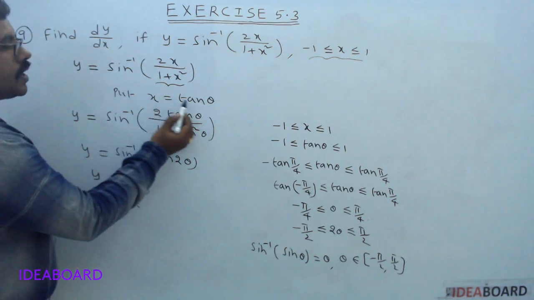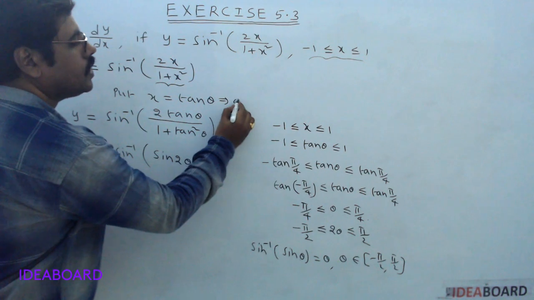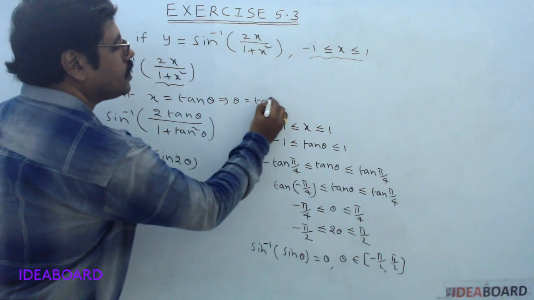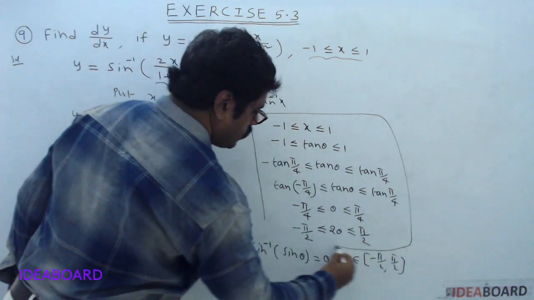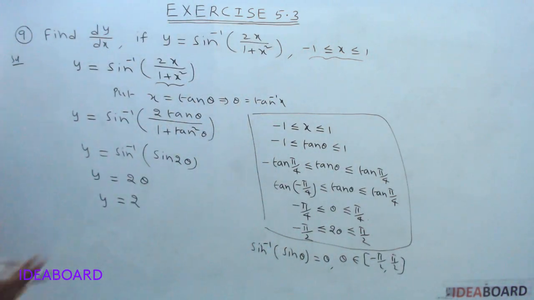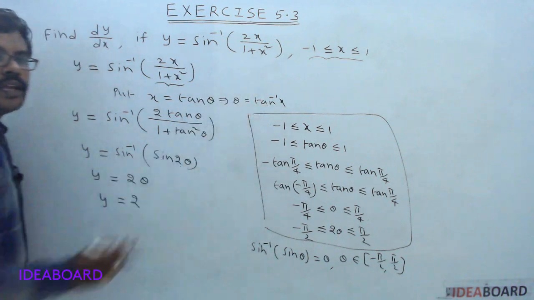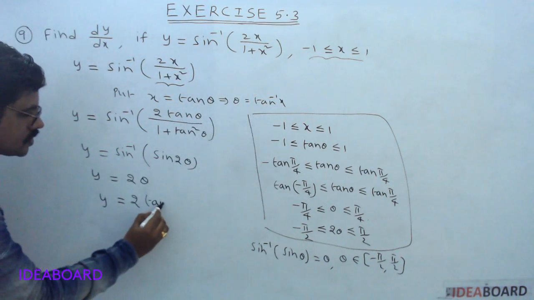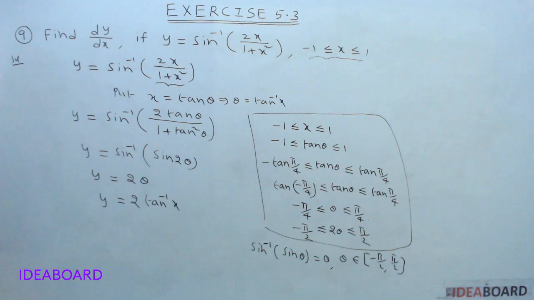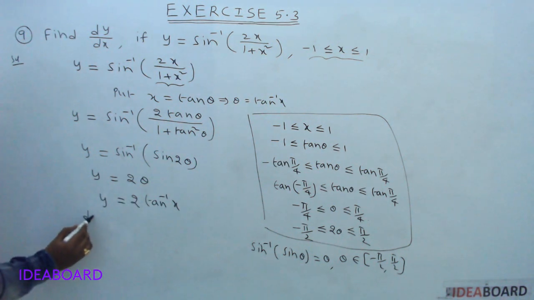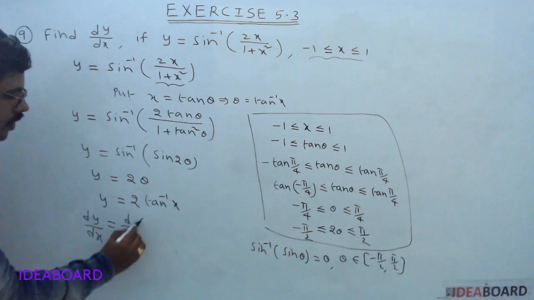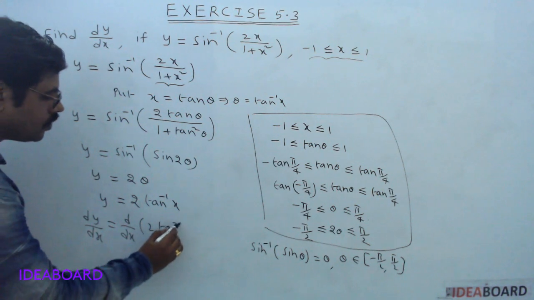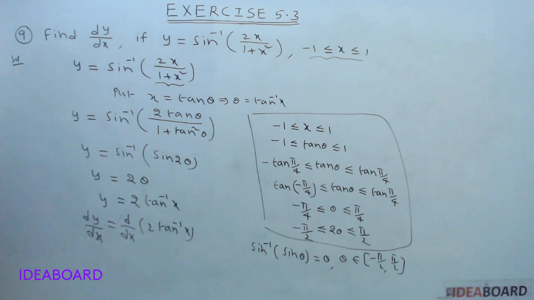From this equation, x equals tan theta, theta equals tan inverse x. Now here, in place of theta, substituting tan inverse x. So this is 2 tan inverse x. Now differentiating on both sides with respect to x, dy by dx is equal to the derivative of 2 into tan inverse x.